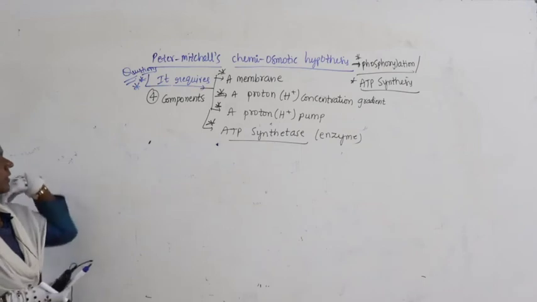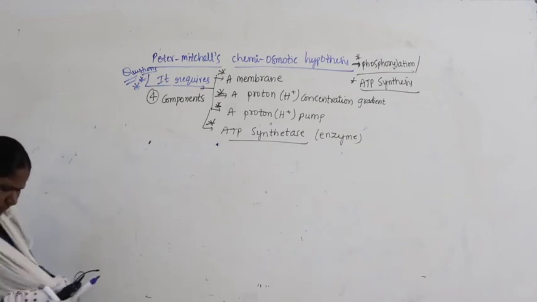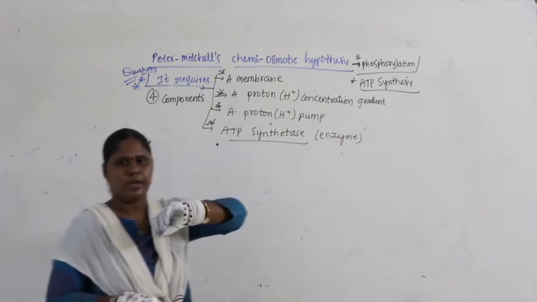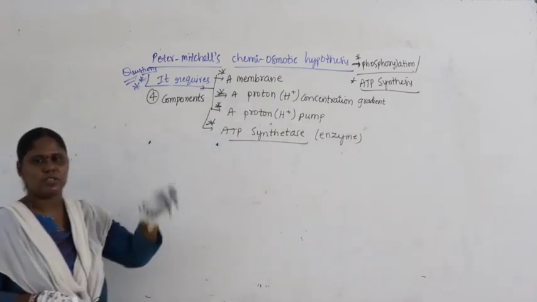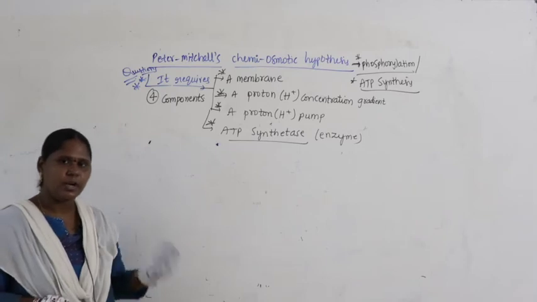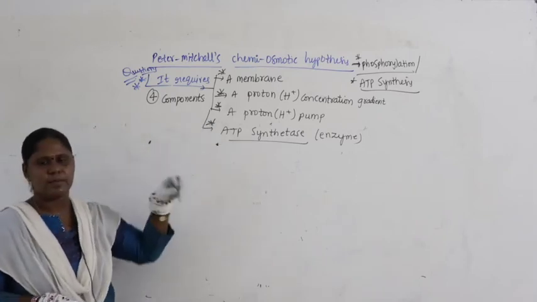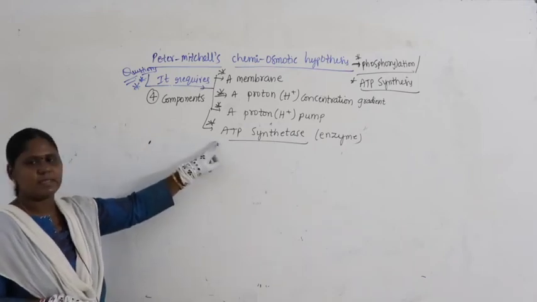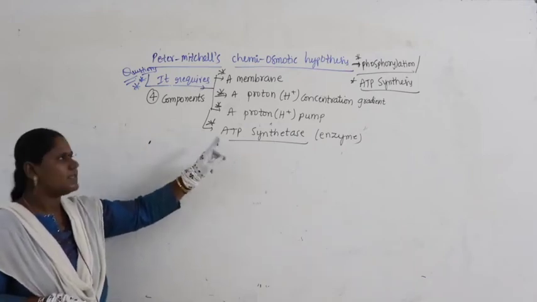First of all, it requires the membrane, and the membrane needs to have the proton concentration gradient. You need to have a higher concentration of protons on one side of that membrane. Then it requires a pump to transfer the protons out of it, and also an enzyme called ATP synthetase.